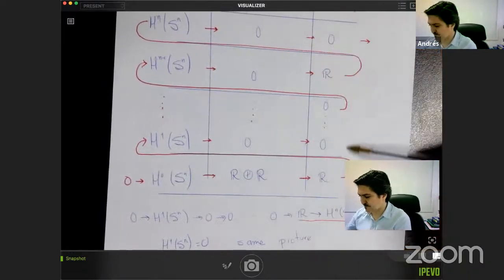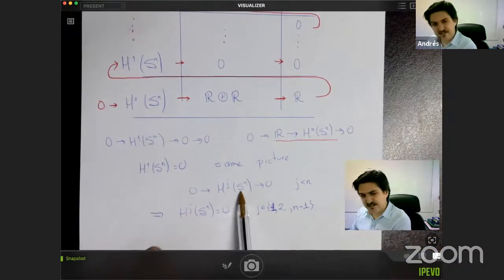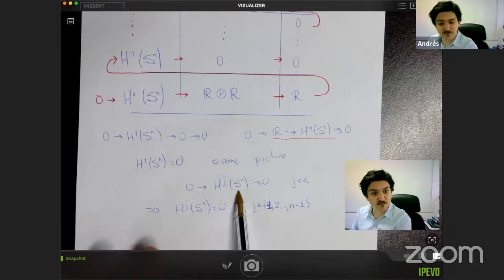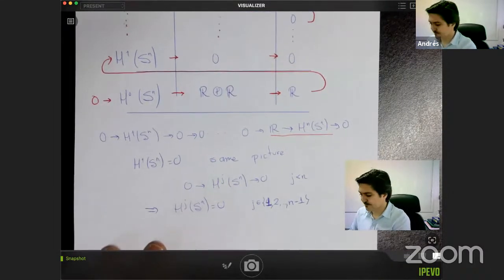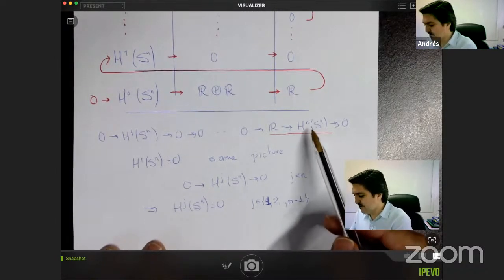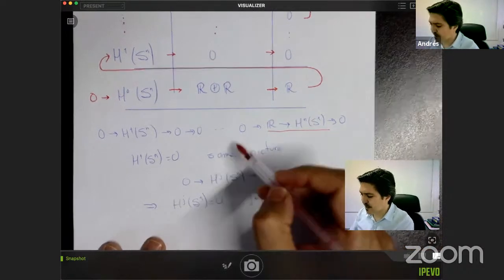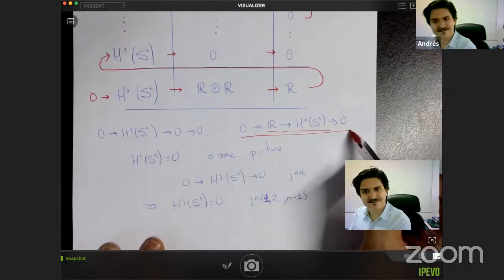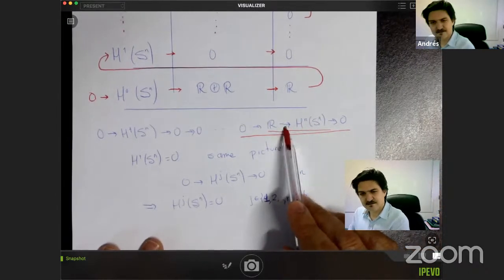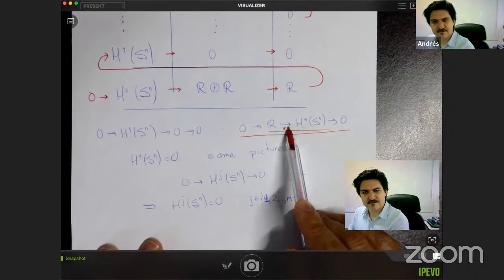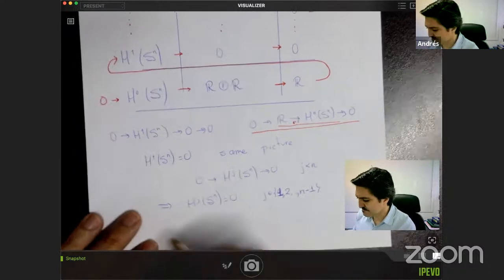Everything here is 0. So that's why each of these unknown vector spaces lies between a 0 and a 0. Except for degree n, but this is the same argument that we used before, right? What can you say about this map? It is bijective. It's an isomorphism.